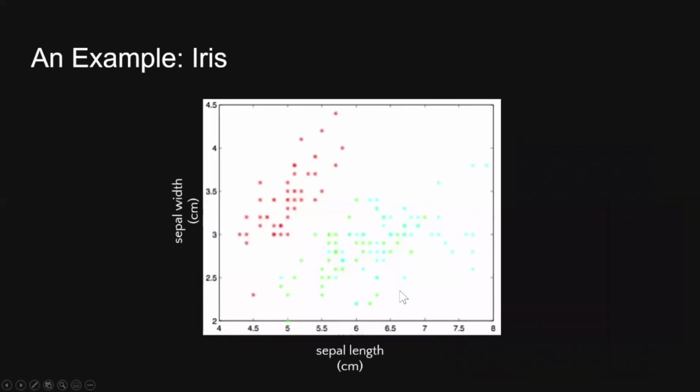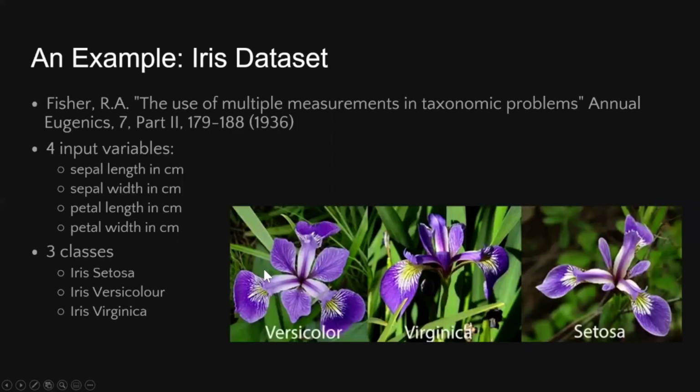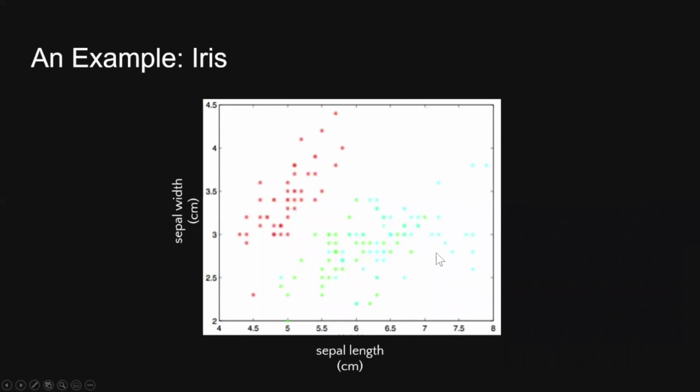And in fact, this is a scatter plot showing the distribution of sepal length and sepal width for 3 different species of iris. The red one is iris versicolor, the green one is virginica, and the cyan is iris setosa. So as you can see, there is some pattern, right? For example, the red dots are quite easy to see the distinction from the other 2.